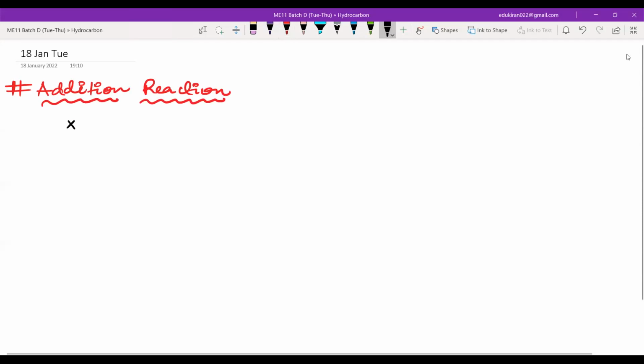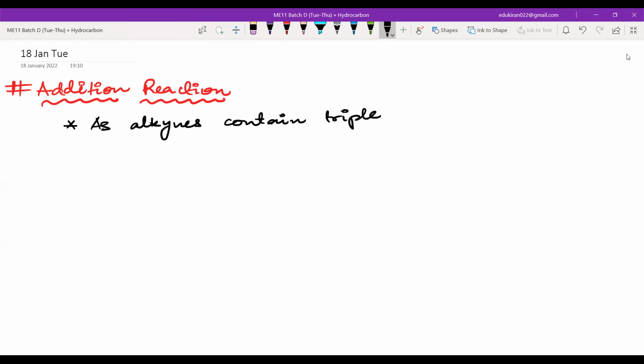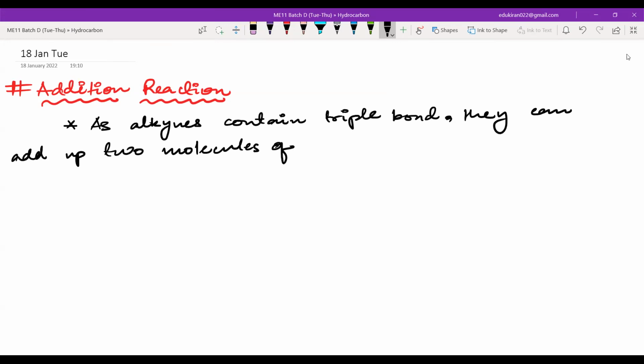So right here, as alkynes contain triple bonds, they can add up two molecules of, so we'll do some reactions with number 1, two molecules of H2.